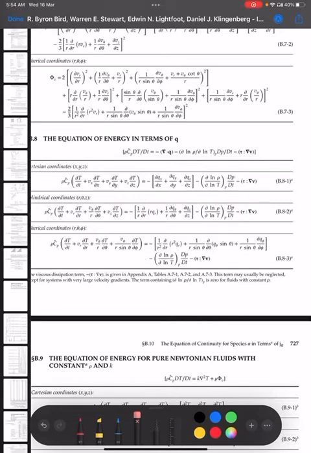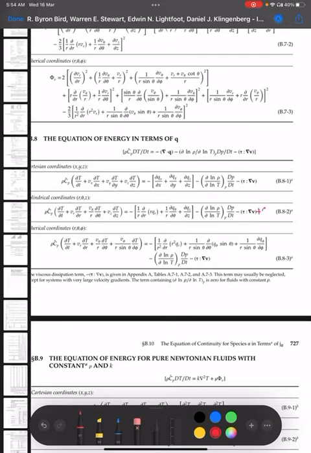They have written this equation without its external heat source term. But when we derived it, we added a source term, so that it will not be an issue when you are doing a problem.